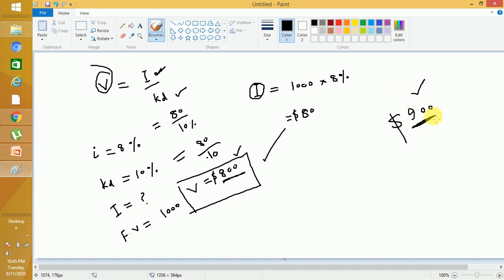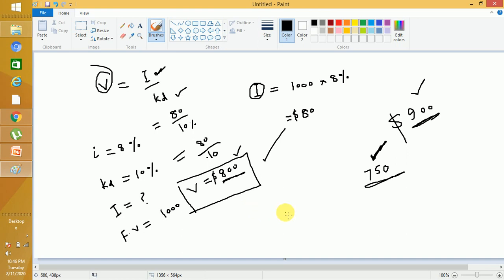So the calculated value is 800 and the market value is 900. Don't purchase this bond. Why? It is expensive. Now, intrinsic value is 800, but someone is selling it in the market for 750. Purchase it. Why? It is cheap. In the future, after some time, its value will go up. So intrinsic value and market value give the concept of whether to purchase the bond or not.